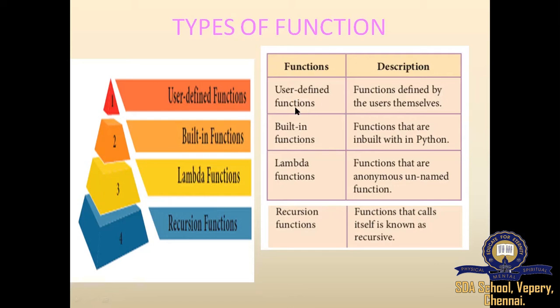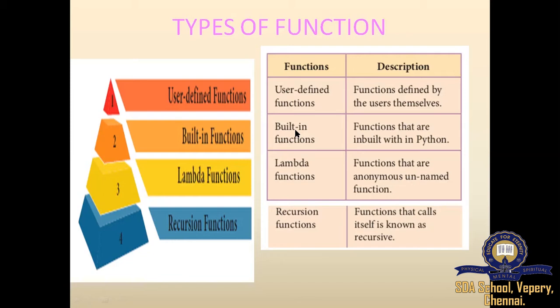What is a user-defined function? Functions defined by the users themselves. We call that a user-defined function. If a programmer defines a function of his own, we call that function a user-defined function.